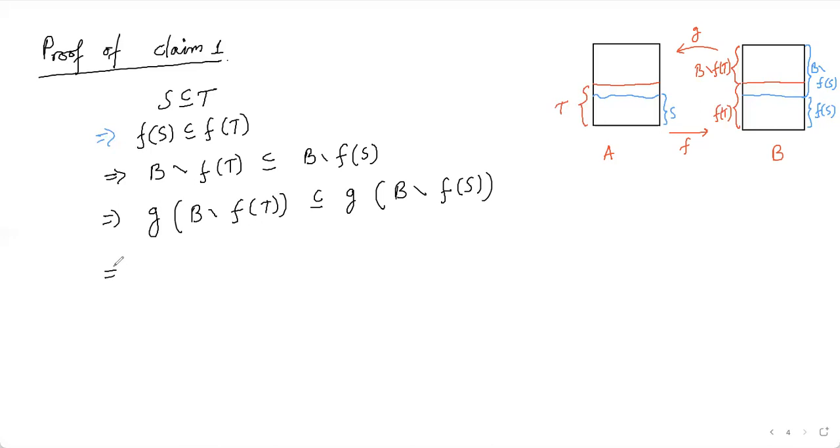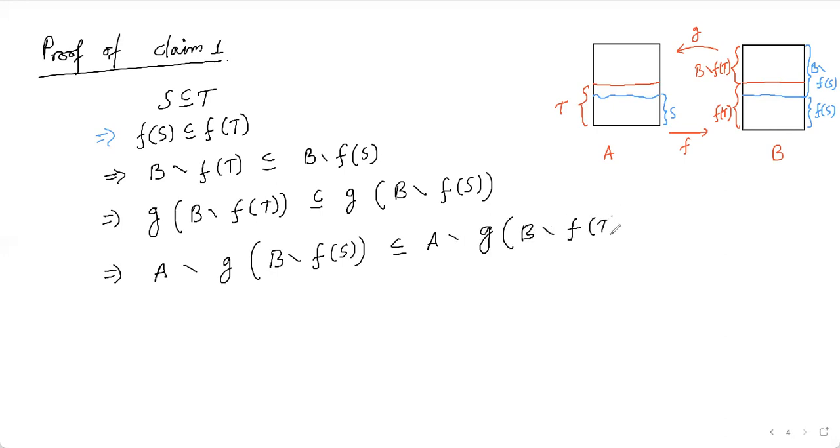And by similar arguments, we have a minus g of b minus f of s is included in a minus g of b minus f of t, and this is nothing but h of s, and this is included in h of t.